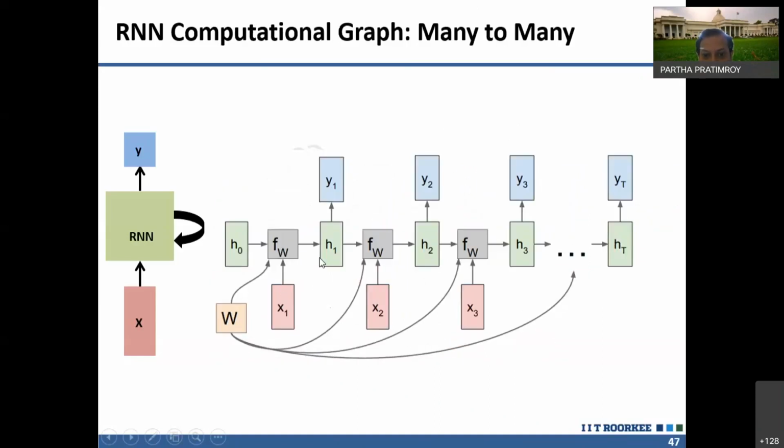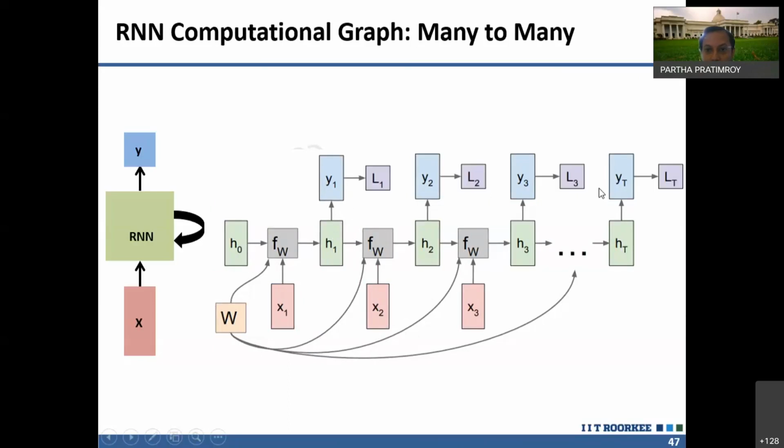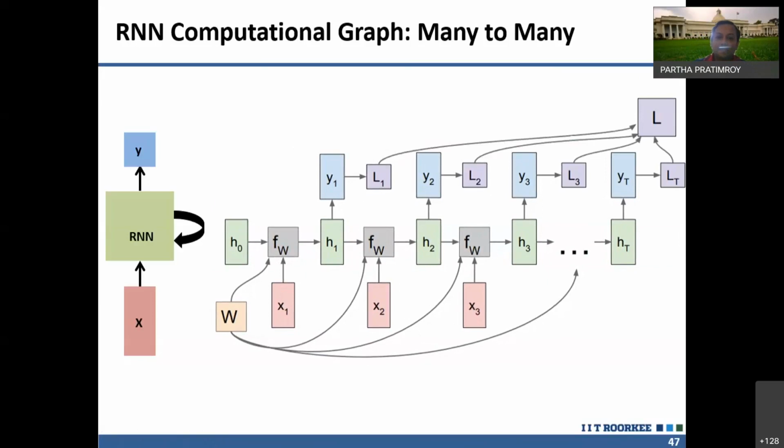Here we are receiving multiple inputs, but from each H we can also receive an output, so that will be many inputs, many outputs. The loss is the difference between the actual and the predictions, and all these loss values are combined into a total loss, which is used in backpropagation.